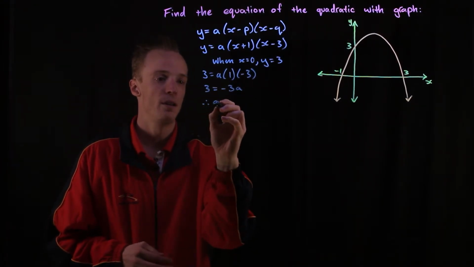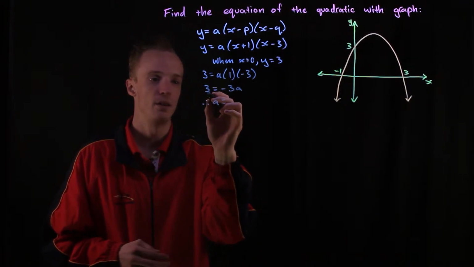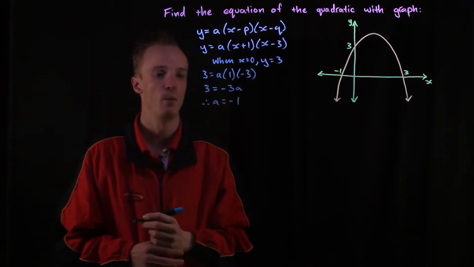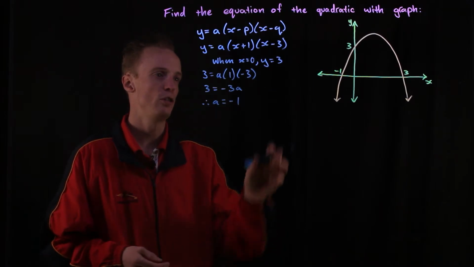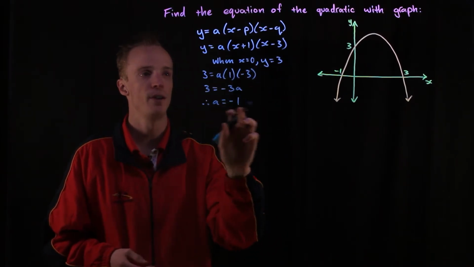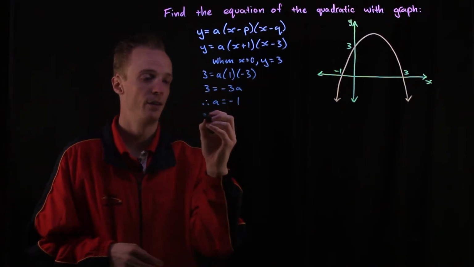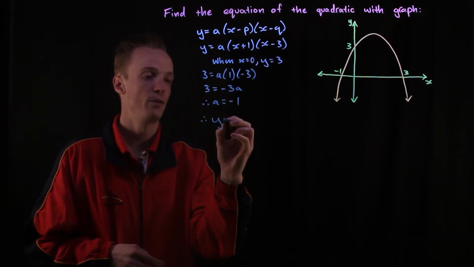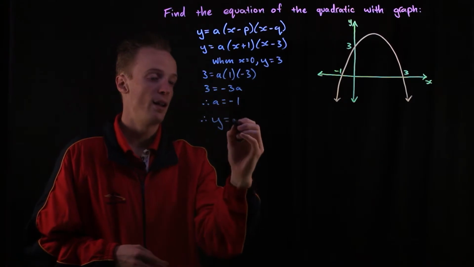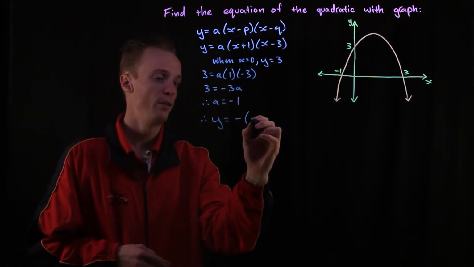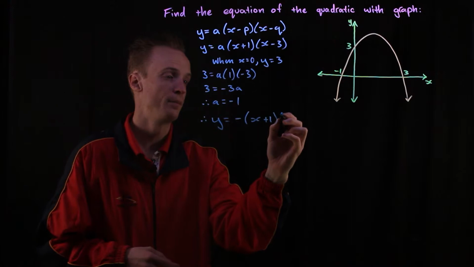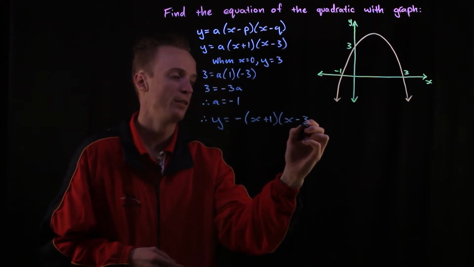Therefore, our a value is going to be 3 divided by negative 3, or negative 1. So by substituting our third point in, we've determined the value of a, so now we can state what the actual equation of the quadratic is. Our quadratic is y equals negative 1, or just negative, of (x plus 1)(x take 3).